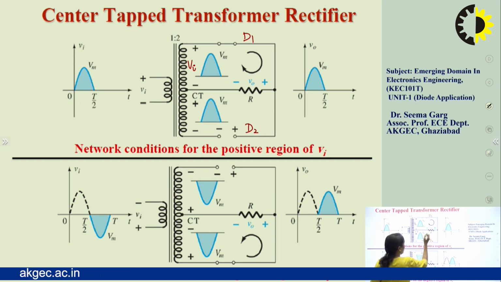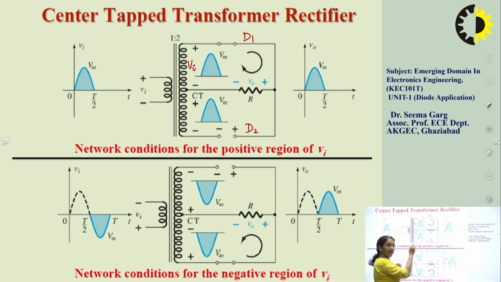We have taken the direction of the current in the clockwise direction, and we know that current flows from the higher potential to the lower potential. That is why the potential across the resistance will be positive on this side and negative on the other side.